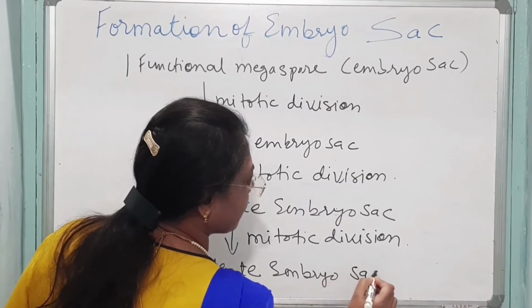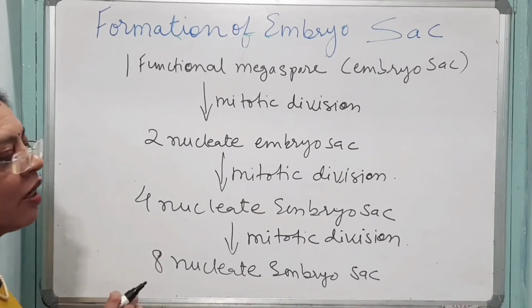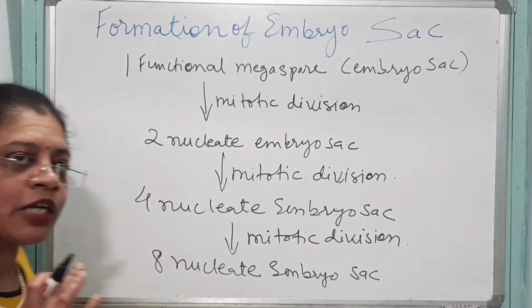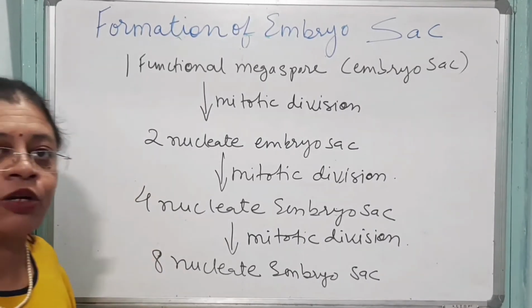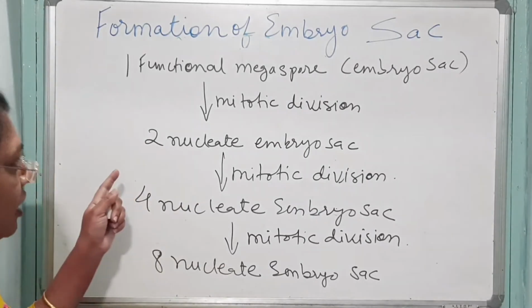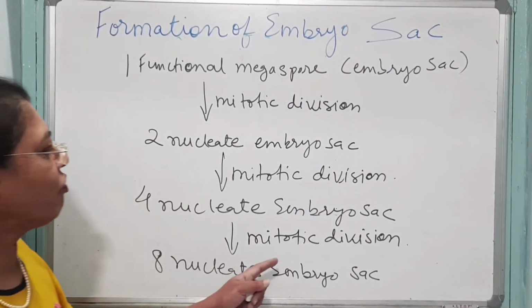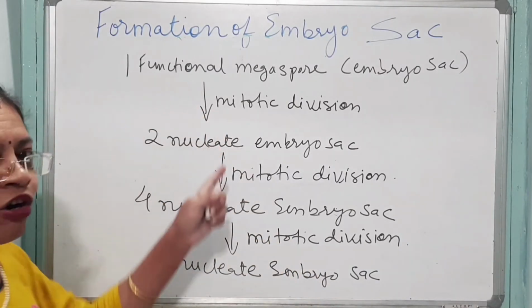Here I would like to add one thing. We have seen in megasporogenesis, the megaspore mother cell undergoes meiotic cell division. And here, during the formation of the mature embryo sac, the megaspore undergoes mitotic cell division.